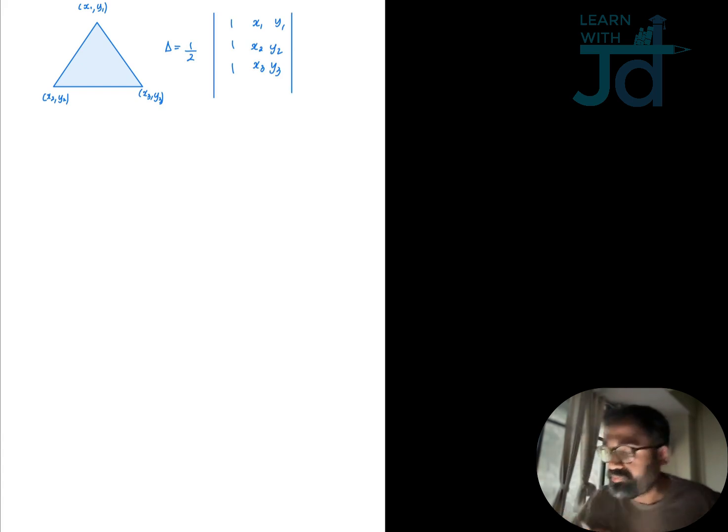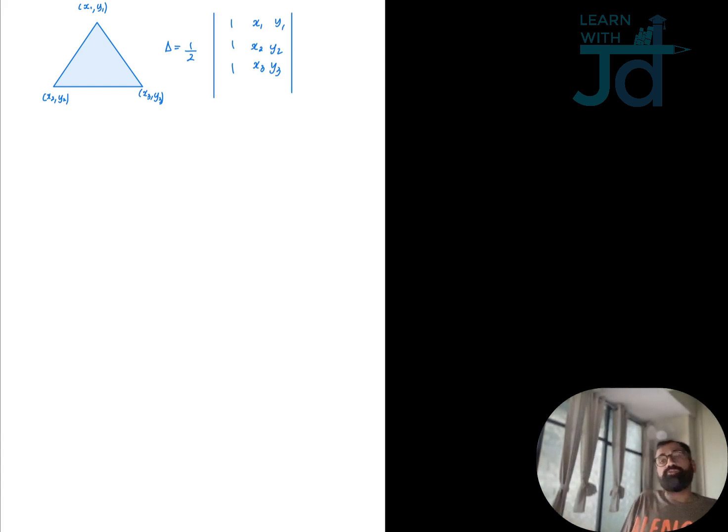So this is how you find the area of a triangle if you know the three coordinates, right? You have definitely done this in straight lines. So using this logic, we'll have to solve this problem.